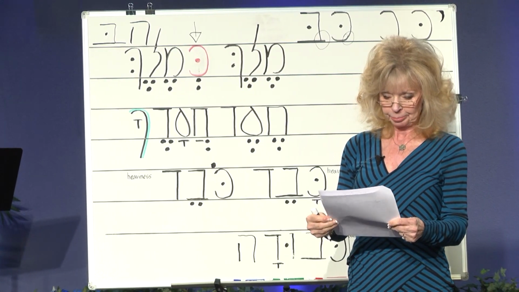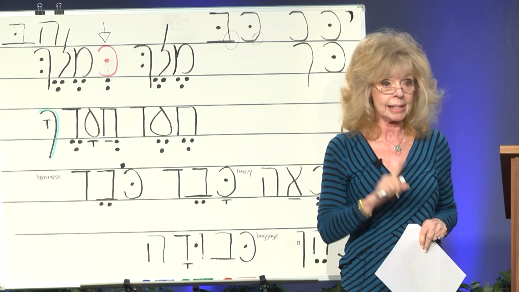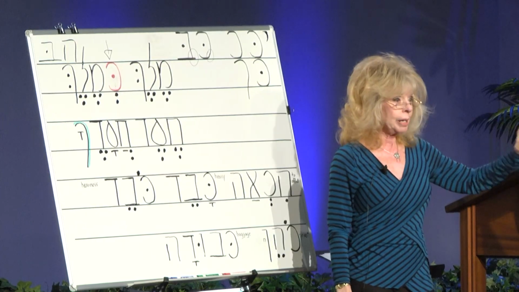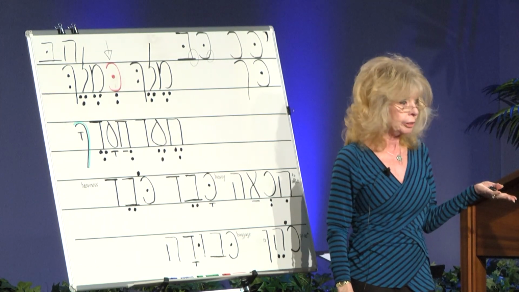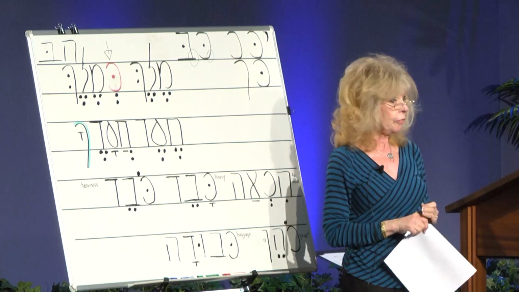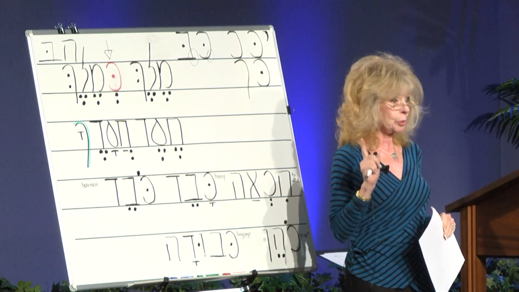All right, now cough is the first letter that also has a final form. In English, we have a capital and a lowercase for every single letter in the alphabet, right? But in Hebrew, we have only 5 letters that have 2 forms. Cough is the first one.